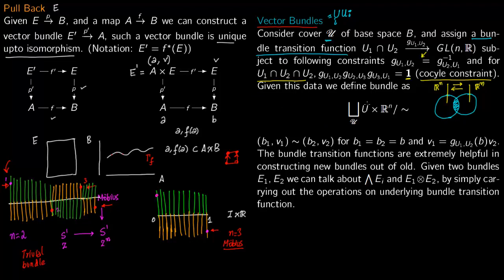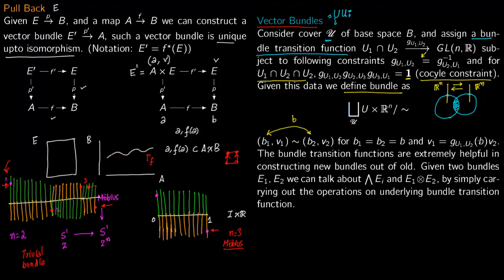Now if you're given this data, then you can define the bundle as this disjoint union modulo an equivalence relation. So the equivalence relation is (b1, v1) is equivalent to (b2, v2). So first you should be able to identify the base points. So this is always the case. These two are B, and then these v1 and v2 are identified if you have some matrix which will take this vector v1 to v2.